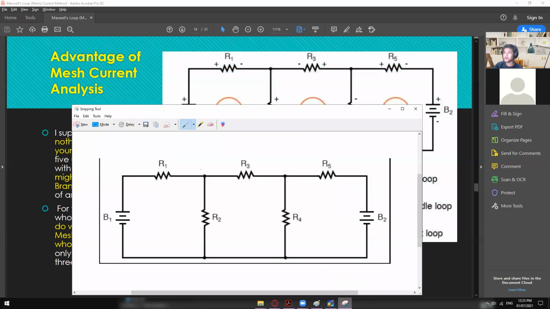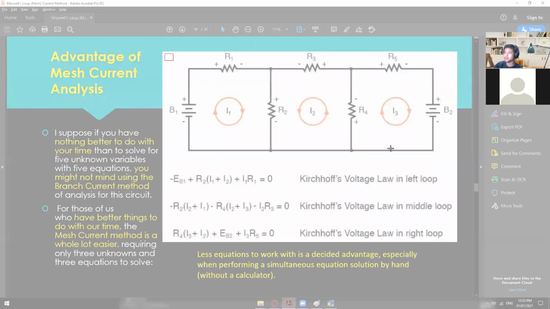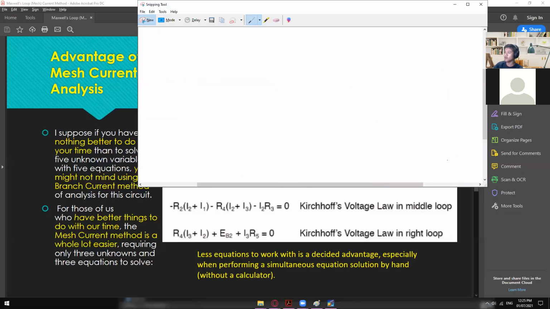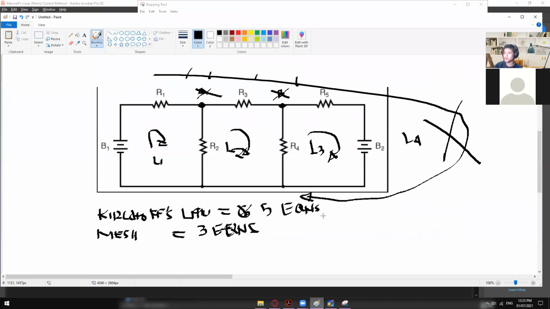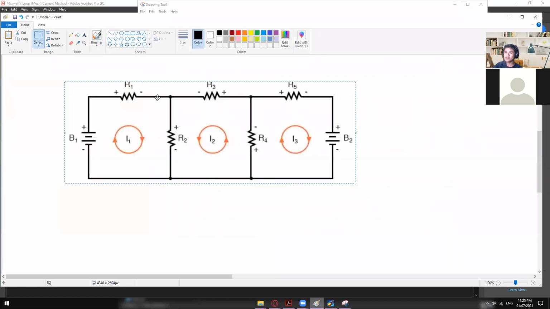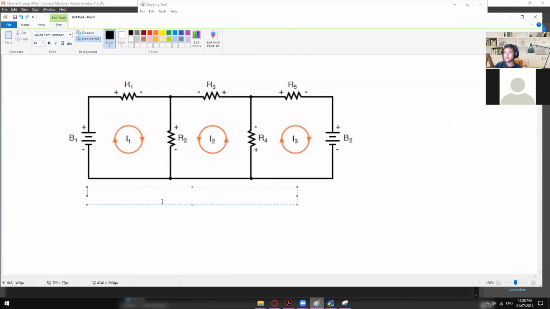So that is why if we're going to come up with our own equation, using my own method, let's try to compare. In my case, using the KVL at loop 1, I think it's easy to use this text right here.